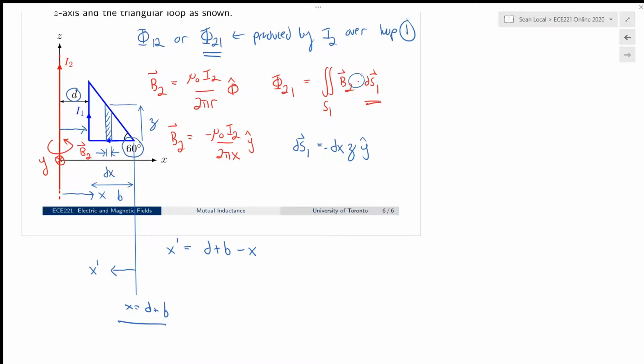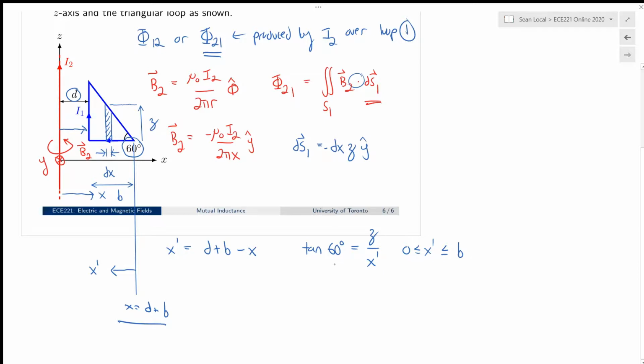So if we then look at our triangle, we can define a relationship for the height of the triangle and the base of the triangle, because we know that the angle at the lower right corner there is 60 degrees. So tan 60 degrees is equal to the opposite side of the triangle, which is of height z, over the base of the triangle, which is x prime. And this is for x prime between 0 and b.